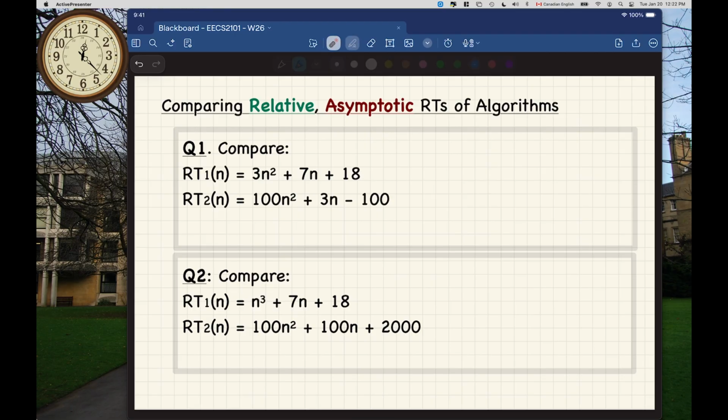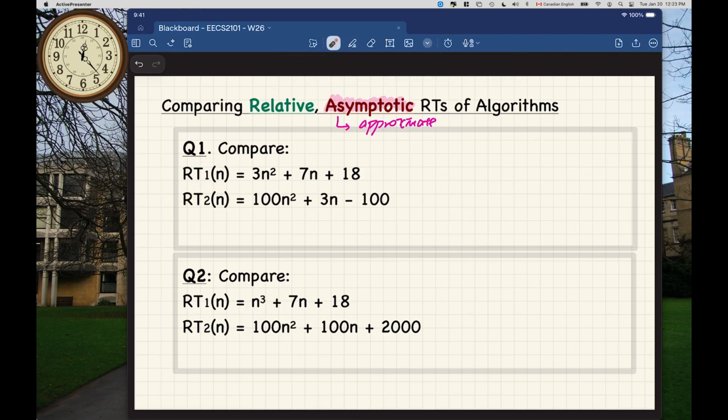What we're doing here, let me emphasize, is talking about asymptotic running time, and we are trying to approximate. Let's say RT1 and RT2.